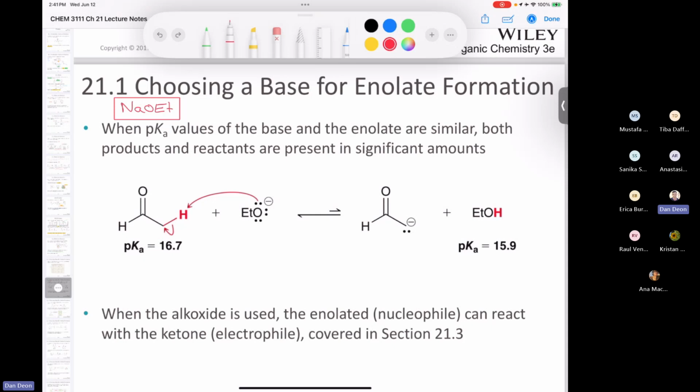Well, the answer is in examining the acid, the base, the conjugate base, and the conjugate acid. If we compare the two acids, you see that the acetaldehyde has a pKa of around 17 and the ethanol has a pKa of around 16. So the equilibrium is going to lie to the side of the weaker acid. So this is the weaker acid. And so what does that tell you?